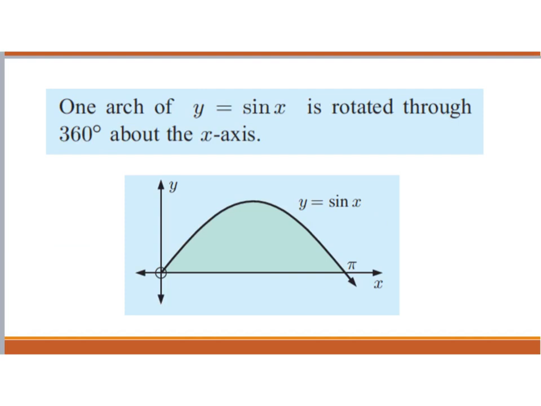And that is because one arch of the curve y is equal to sine x is this, and so this is the region formed. And so right away we could see that our lower bound is 0 and our upper bound is pi.